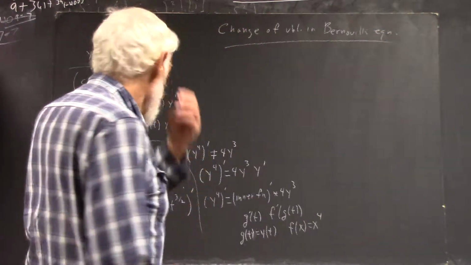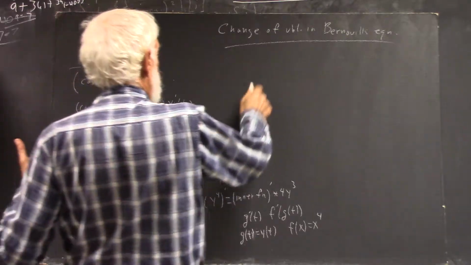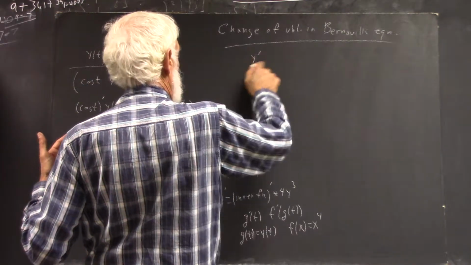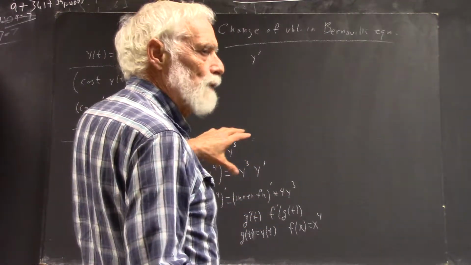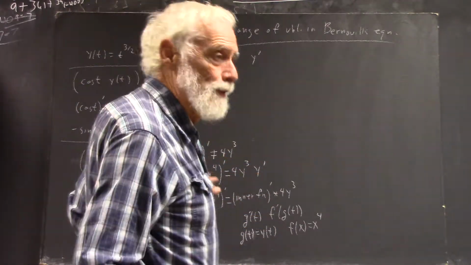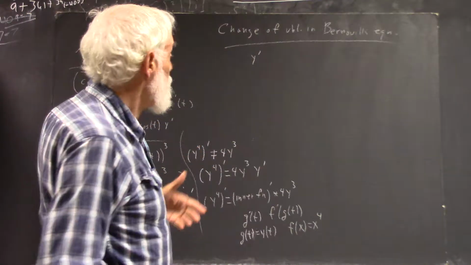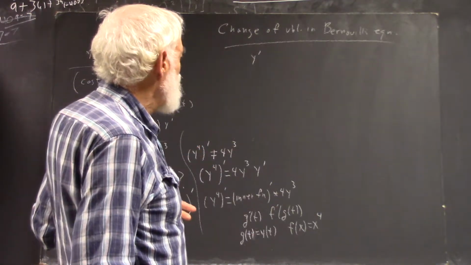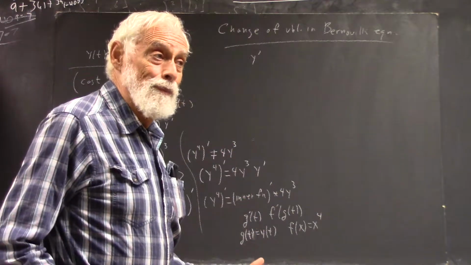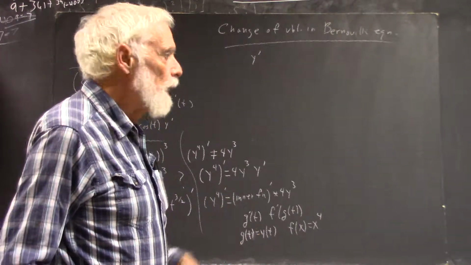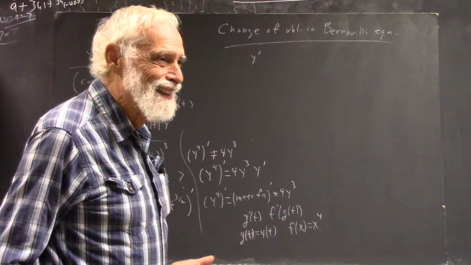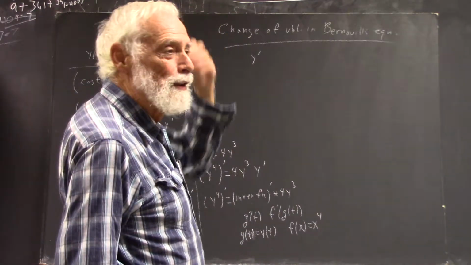Now, the Bernoulli equation, we talked about it last time, and it was a homework problem where I told you what the change of variable was and asked you to see how far you could go, so I don't have to do quite as much explanation in deriving this thing, and I can concentrate on the algebra mistake I always make when I do this. Really stupid, I do it all the time.